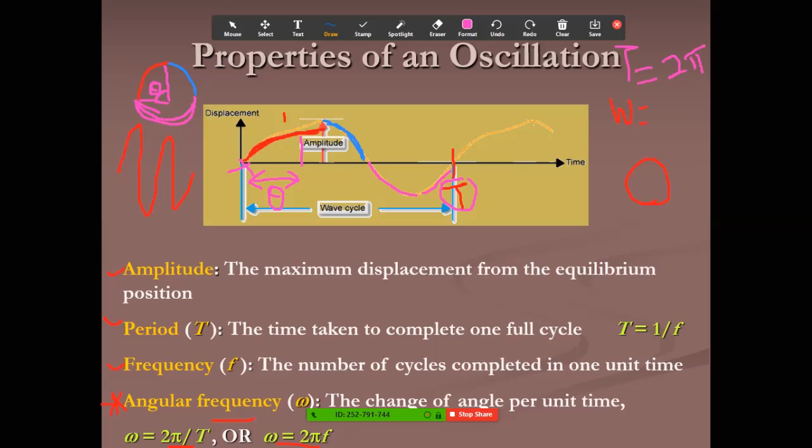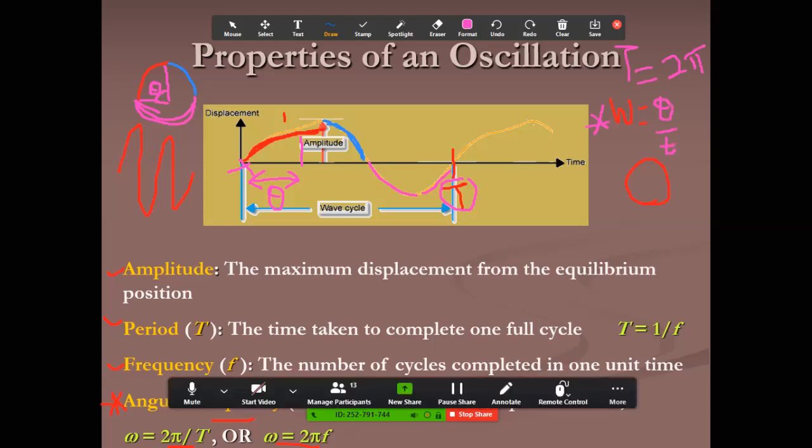So omega, last time in circular motion, what was the formula for omega? Angular displacement, right? Angle divided by the time, if you still remember, under circular motion. Here we never call it angular velocity, we just call it angular frequency, how frequently it covers the angle.